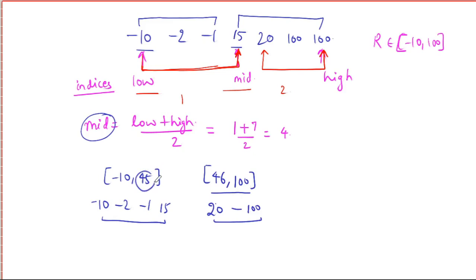So here the range now changes from -10 to 15, and here the range value will change from 20 to 100. Because if all the elements from -10 to 100 were present, then this range was correct: -10 to 45 was correct, and then 46 to 100 was correct. But since not all elements are present, this range value has to be changed accordingly.